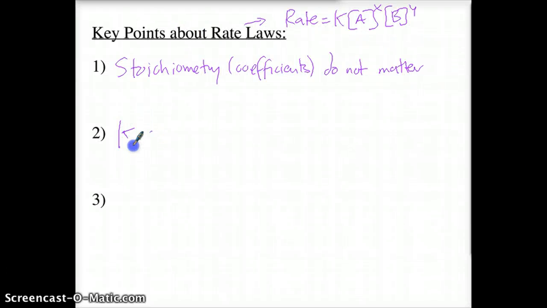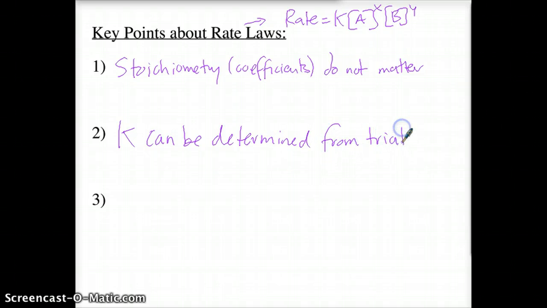Okay? K can be determined from any trial. We chose trial 1, but we could have chosen trial 2 or trial 3, and we would have got the exact same answer. That's because it's a constant for that reaction. Okay? And last but not least, I can't emphasize this enough. Check your math.